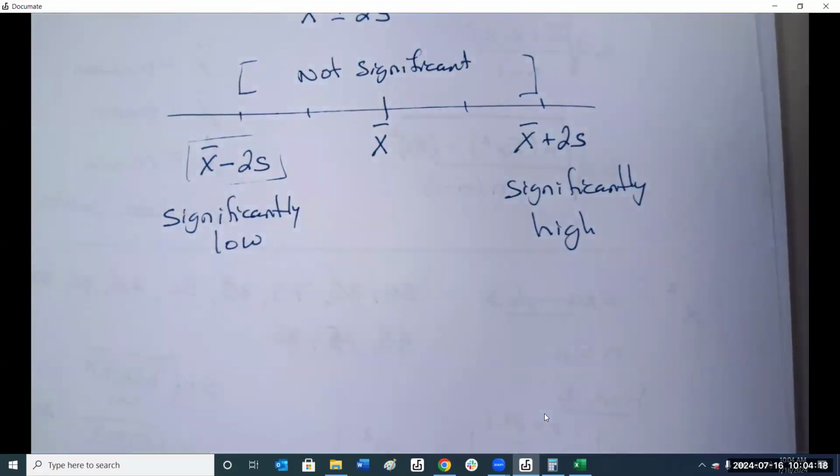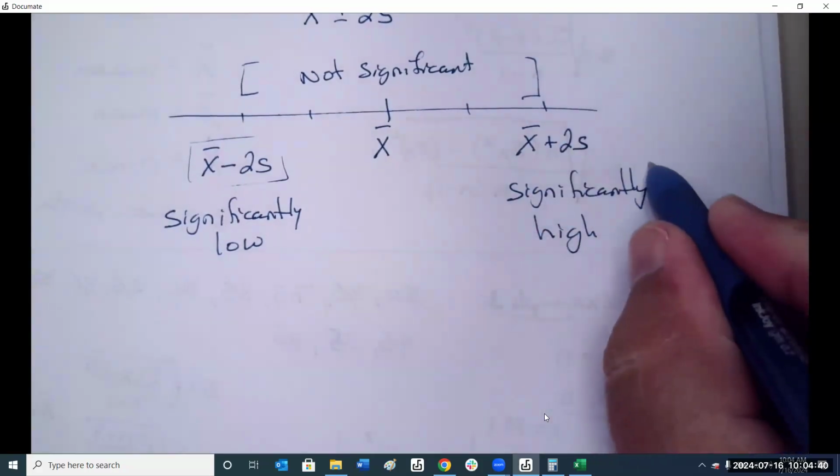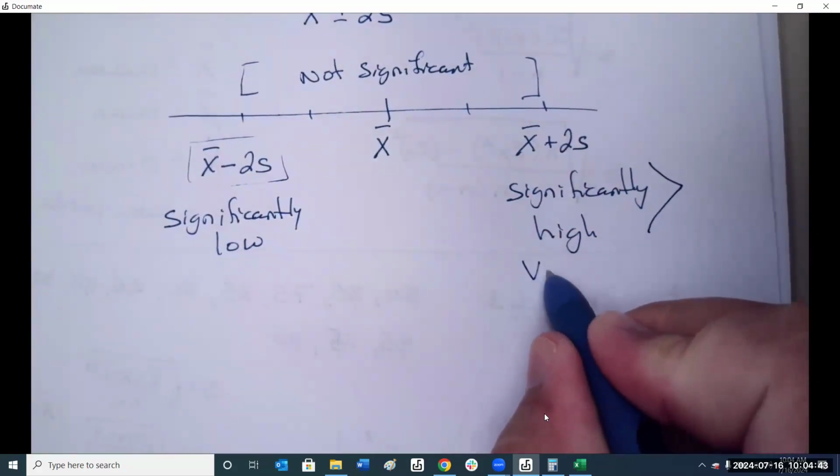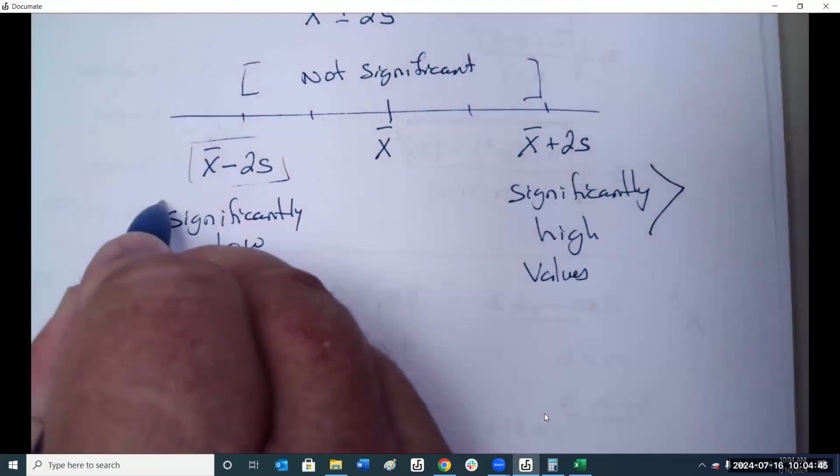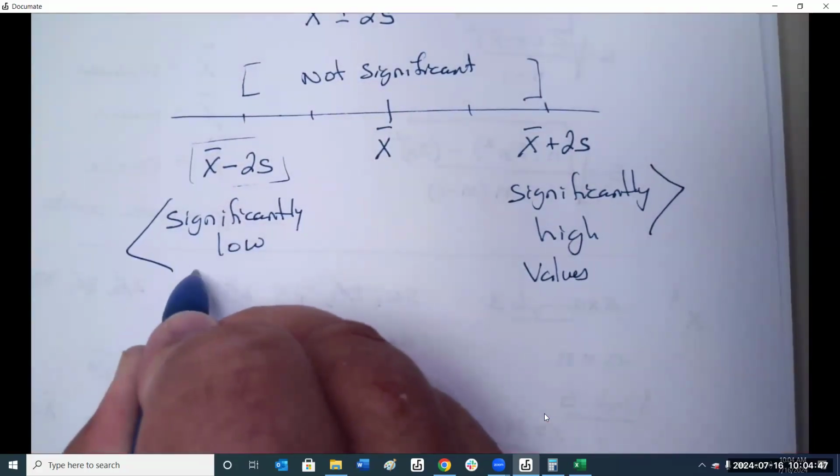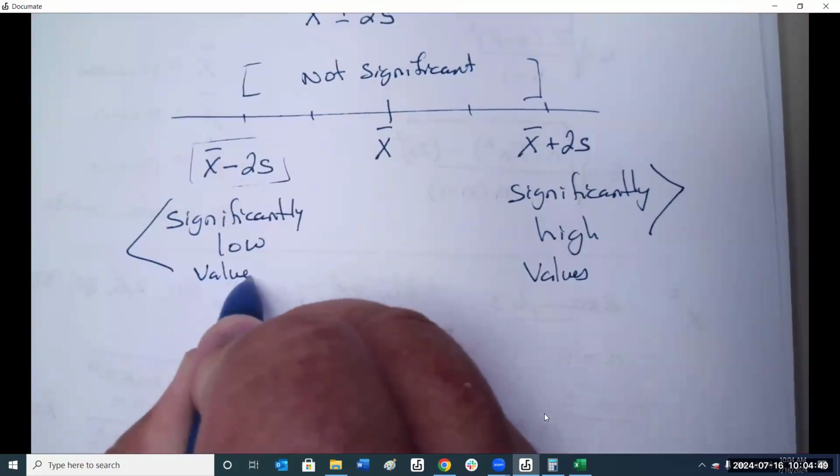Not significant. The reason it's not significant is because it's very close to the mean, so it really doesn't influence it that much. So everything to the right here are significantly high values, and everything to the left is significantly low values.